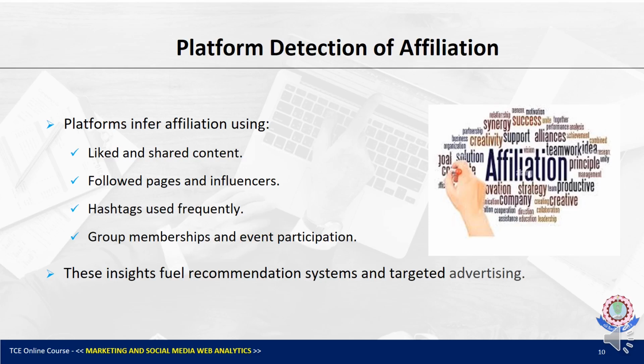Platform detection of affiliation. Platforms today infer affiliation using liked posts, shared content, hashtags, group membership, follows and unfollows, even participation. These signals help personalize recommendations and power targeted advertising systems.